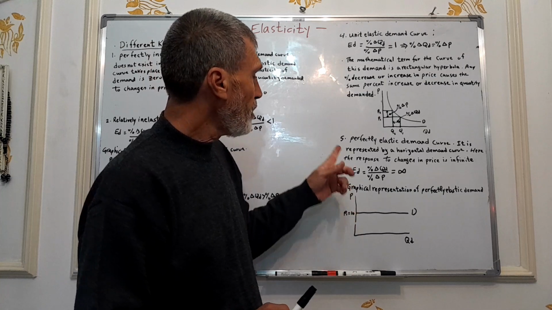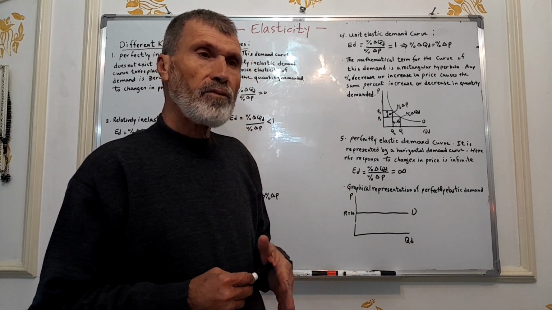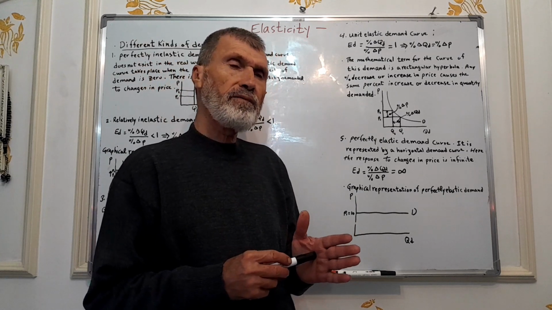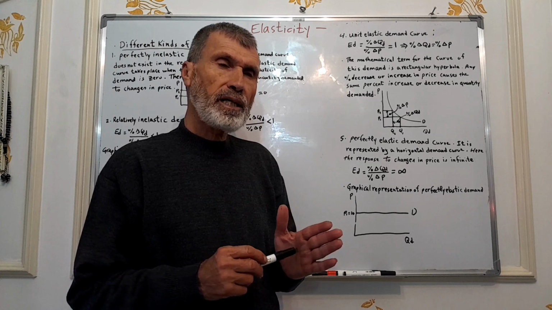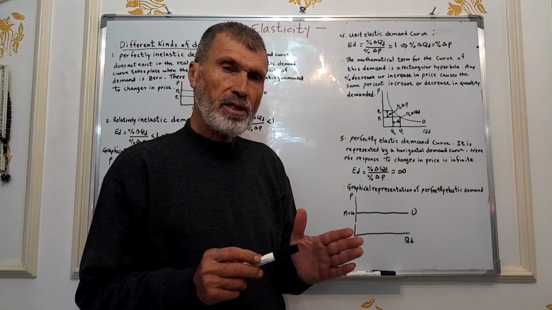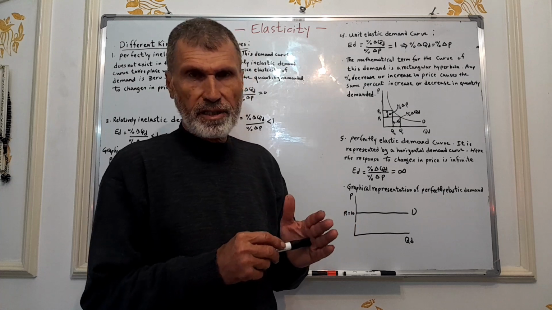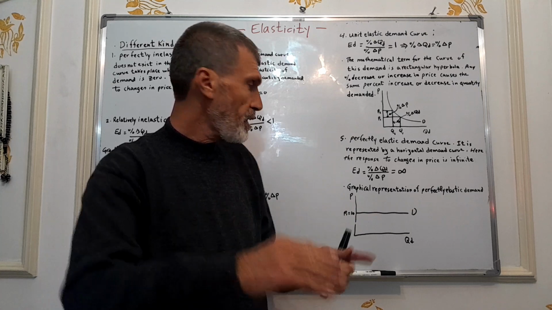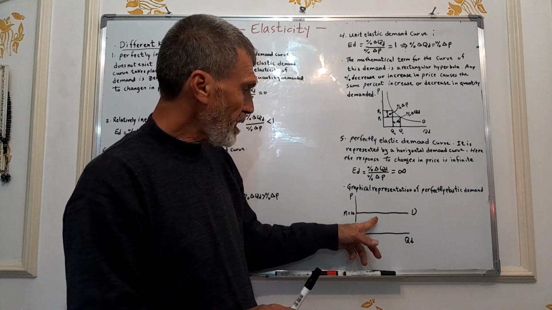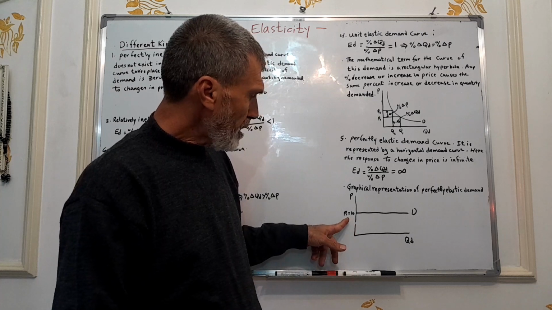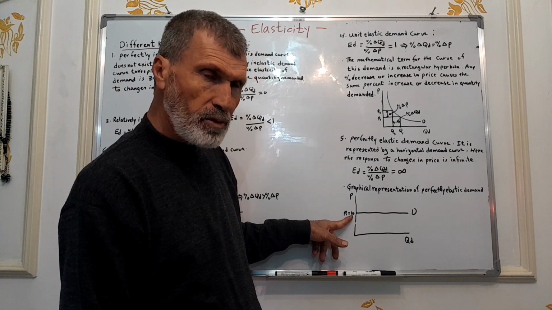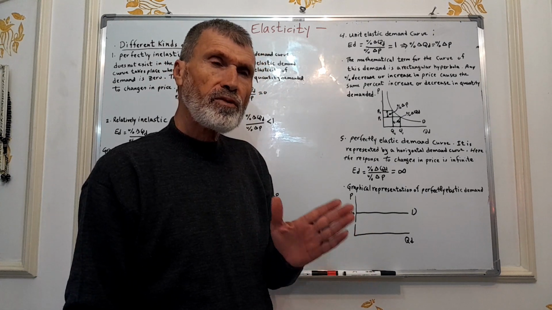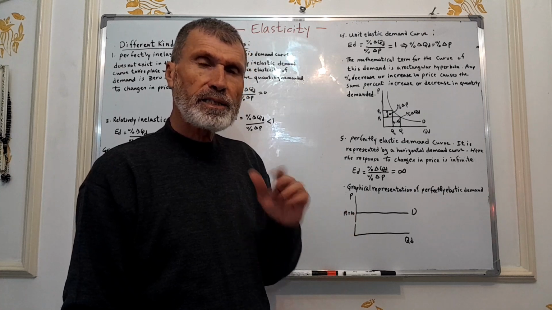Now the last kind of demand curve is the perfectly elastic demand curve. The perfectly elastic demand curve is a demand curve that has a coefficient of the price elasticity of demand equal to infinity. It's represented by a horizontal demand curve, as you can see here. So this demand curve tells us that at a price of $10, suppose, consumers are willing to purchase all units of the good presented by the seller.